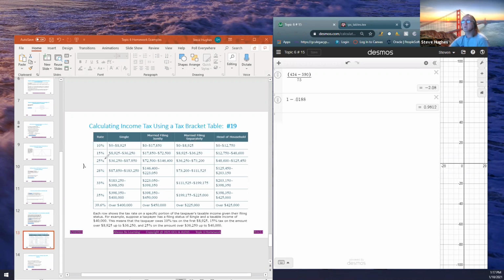For example, an income less than 12,750, less than 8925, less than 17,850, a person would pay 10% of their income. As I increase the income, I move up the tax brackets and pay more income tax. That's the whole idea here.